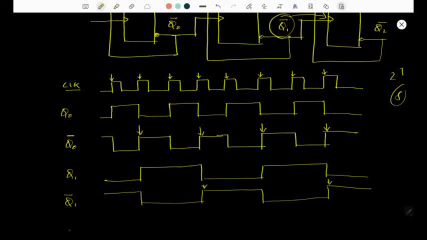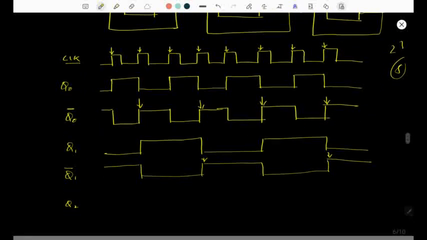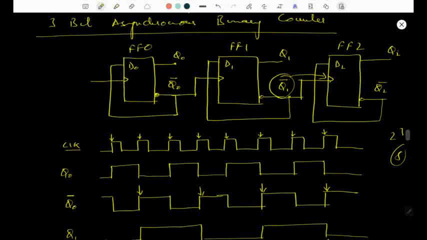For Q2, these positive edges will behave as the triggering. At this point, as it was reset, it will become set, and again it will become reset at this point. So this is the Q2 output we are getting. This is how your 3-bit asynchronous binary counter will work.